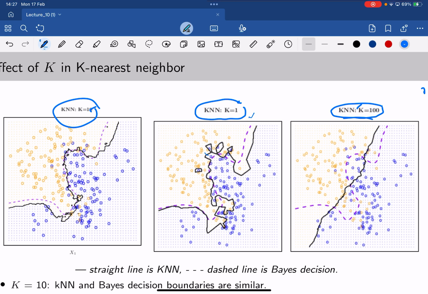If K is large, like hundreds, the decision will be smoothed out a lot compared to that. But if K is somewhere like 10, maybe you get the best result from here, but it depends on your validation result. This is just to show you what it's like. So that's it for the k nearest neighbor.